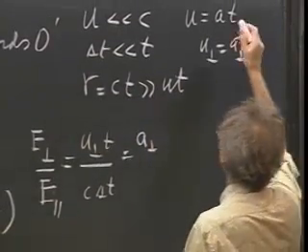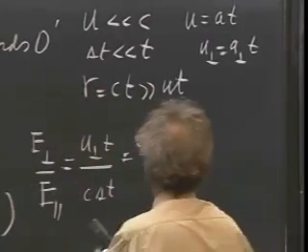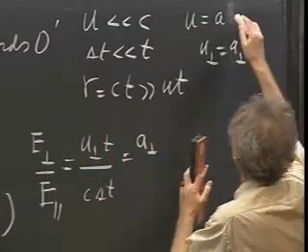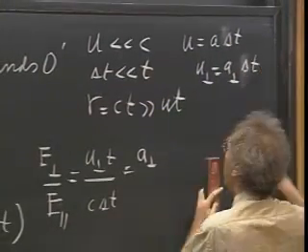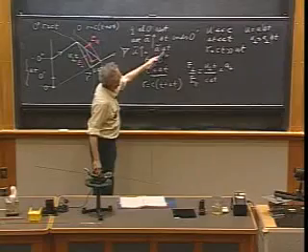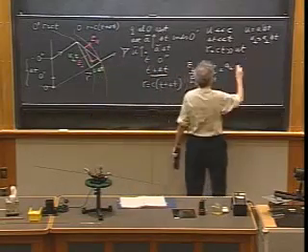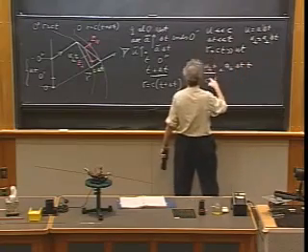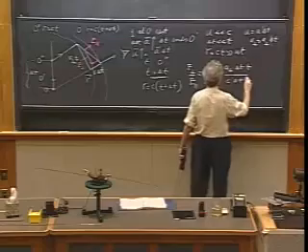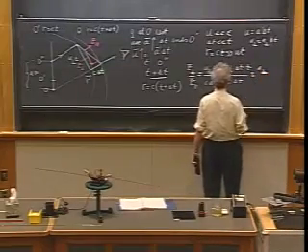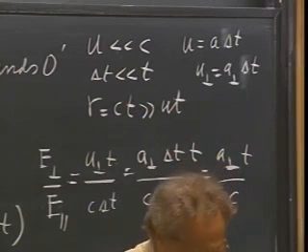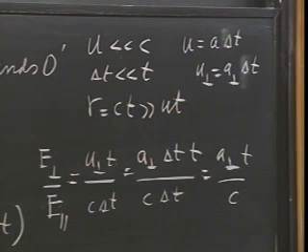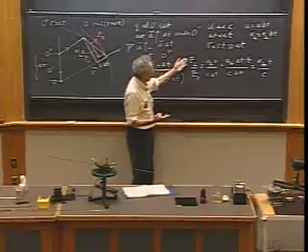This is A perpendicular times delta T. You guys should have screamed because the acceleration only lasts for delta T seconds. Yeah? Only delta T seconds. So now I get A perpendicular times delta T times T divided by C delta T. And so that is A perpendicular times T divided by C. If now I can calculate what E parallel is, I'm done, because then I know what E perpendicular is.